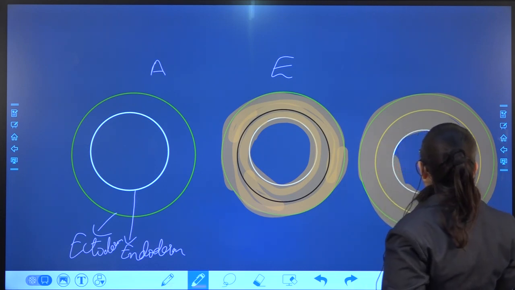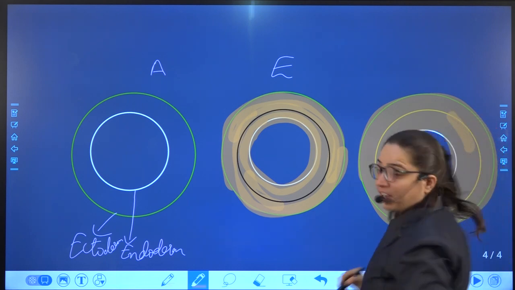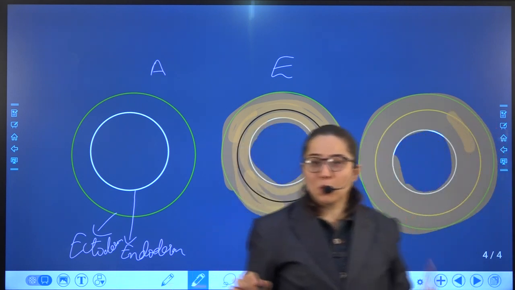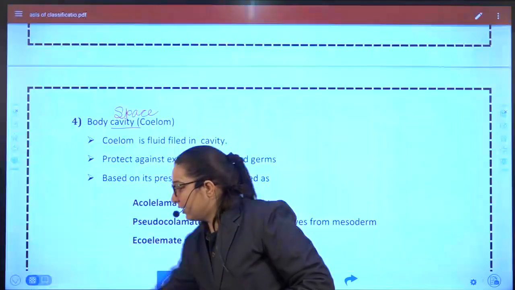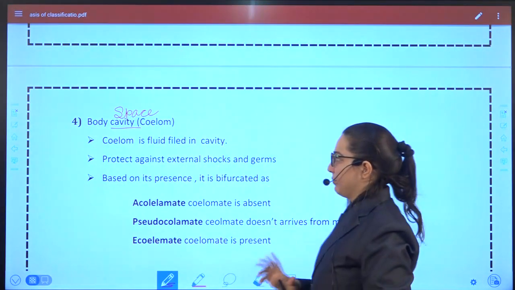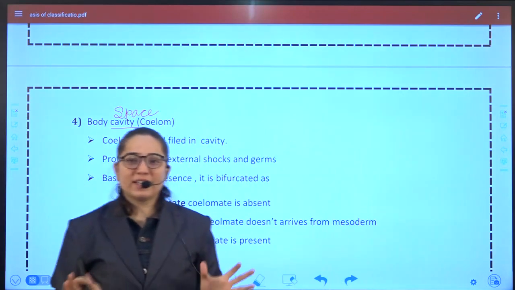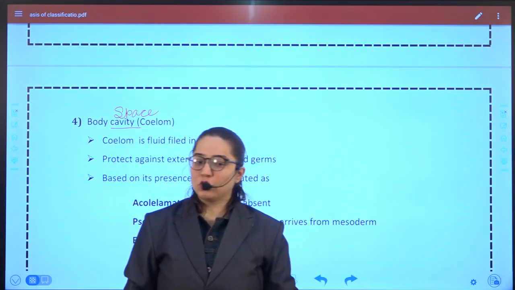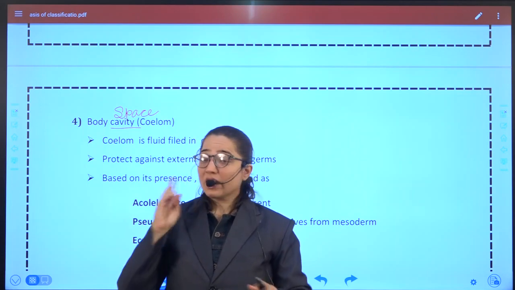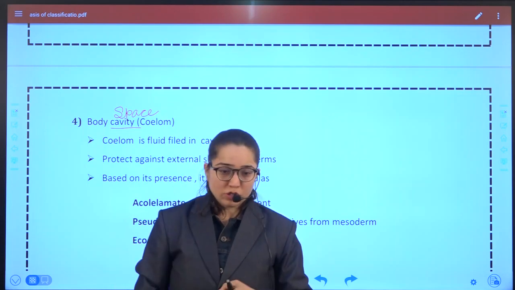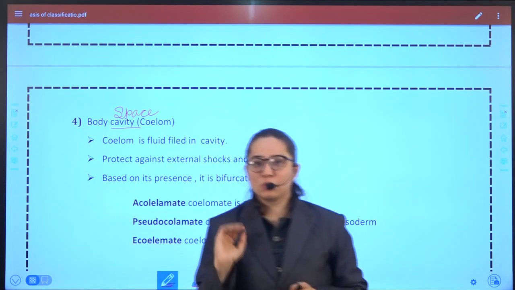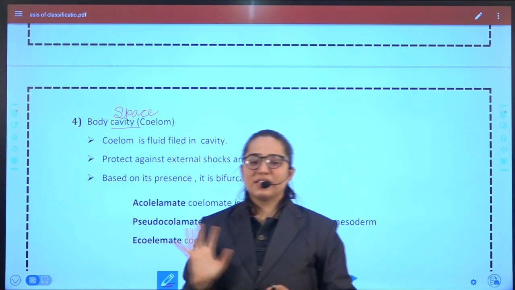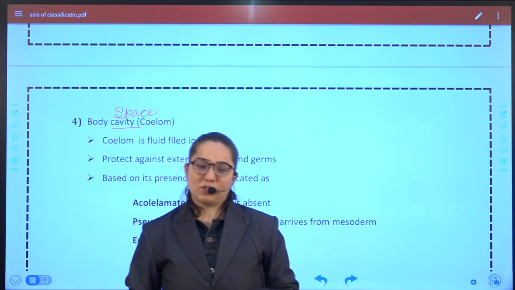Fluid is there, but this fluid is not provided by the mesoderm, then it is pseudocoelomate. So on the basis of body cavity, that is coelom, it is bifurcated into three types: acoelomate, pseudocoelomate, and eucoelomate. A means it's absent, E means it's present. Pseudo means it doesn't arise from mesoderm.